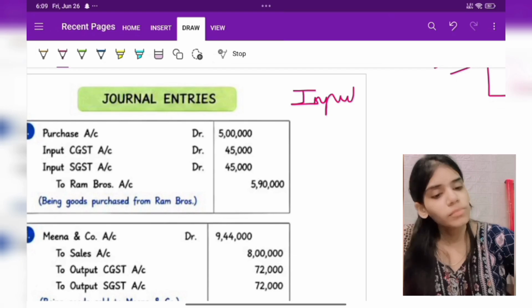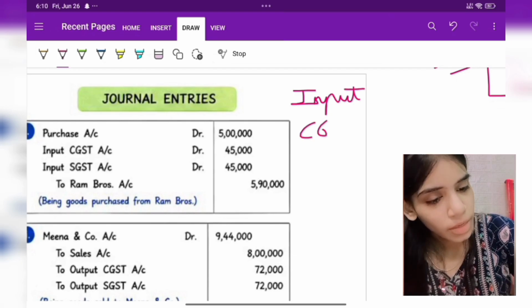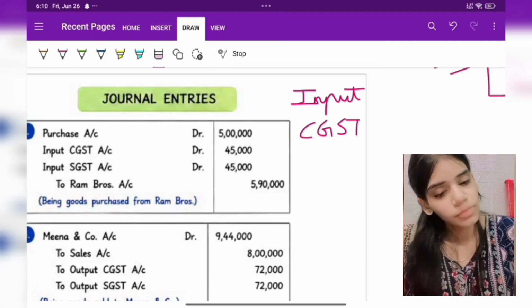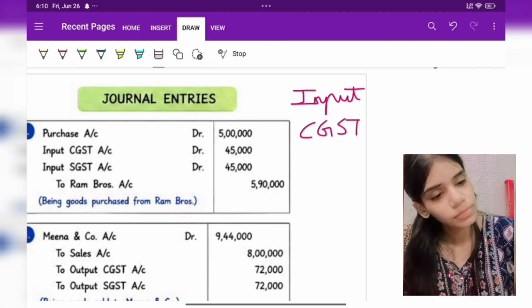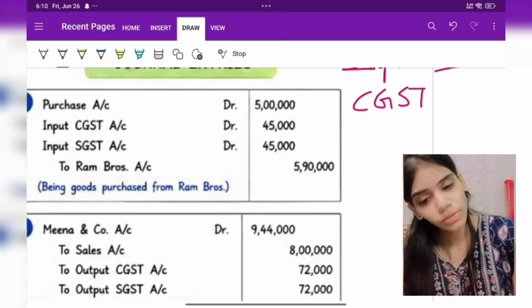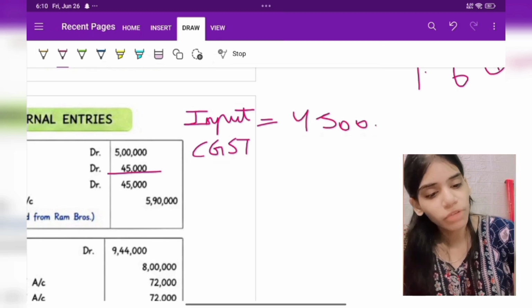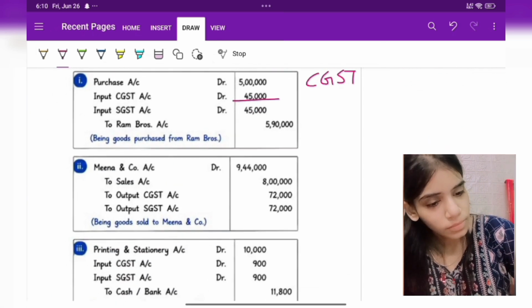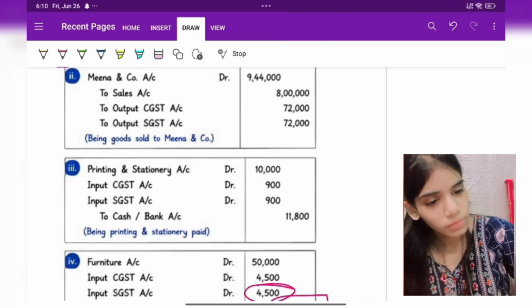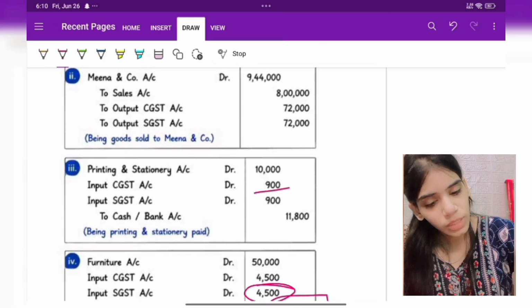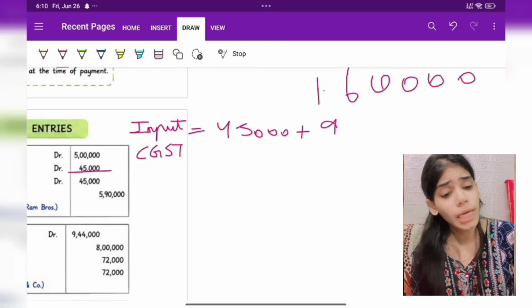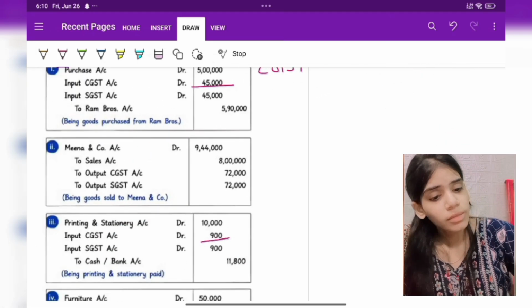Now let's first take the total of input CGST. Okay, so input CGST, the first amount is 45,000. Input CGST at the time of printing and stationery is 900.